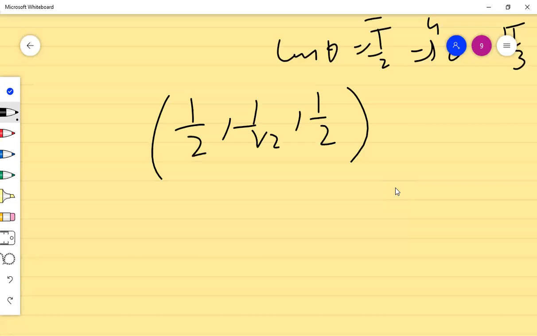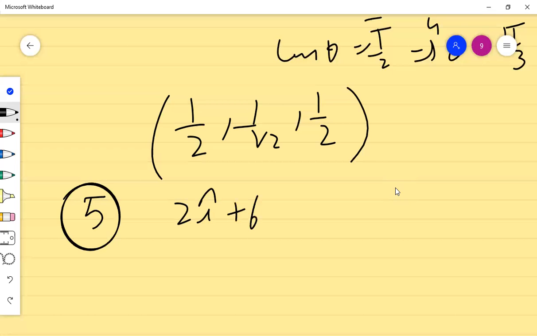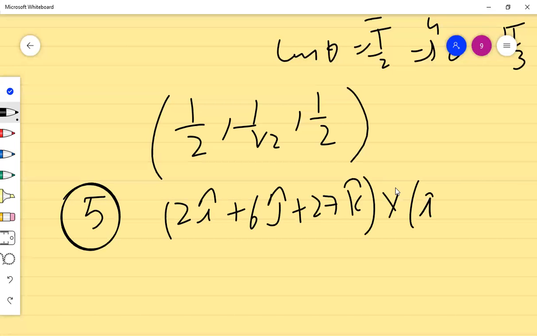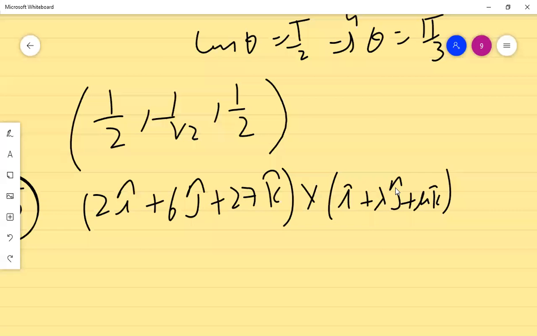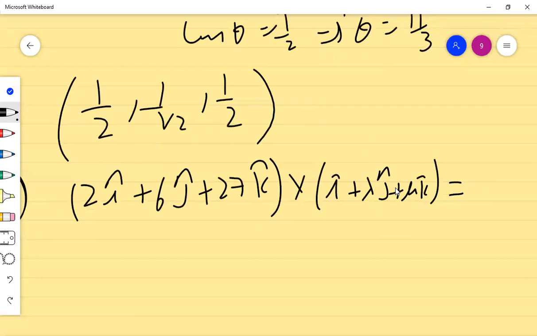Question 5. Find lambda and mu if the cross product is a zero vector. 2i cap plus 6j cap plus 27k cap cross with i cap plus lambda j cap plus mu k cap equals the zero vector.